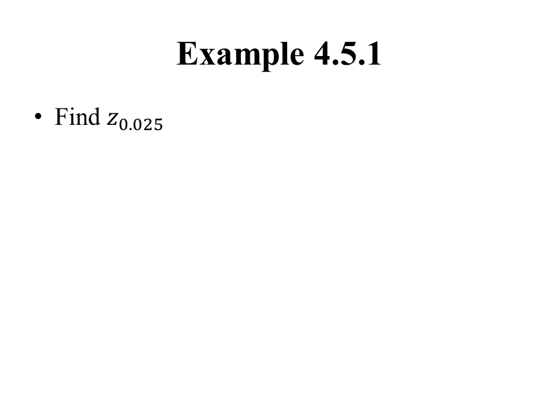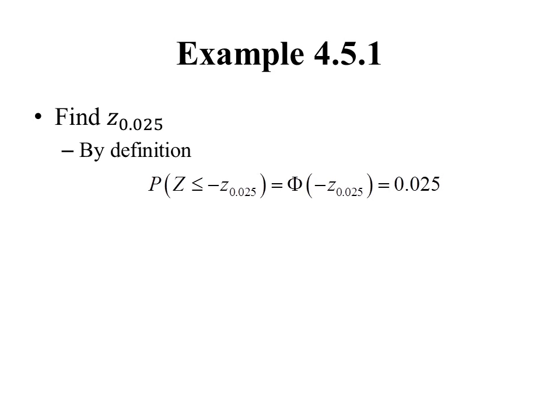So let's look at a couple of examples of finding critical values. Let's find z sub 0.025. So p in this case is 0.025. By the third version of the definition of a critical z-value, the probability that z is less than negative z sub 0.025 is equal to 0.025.